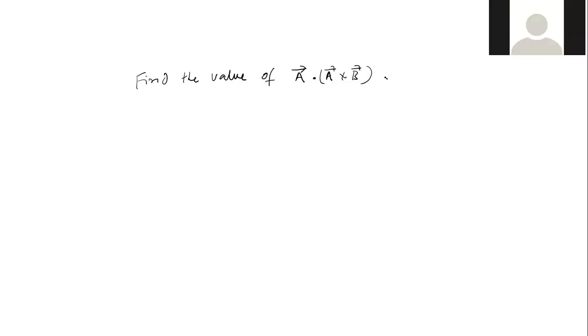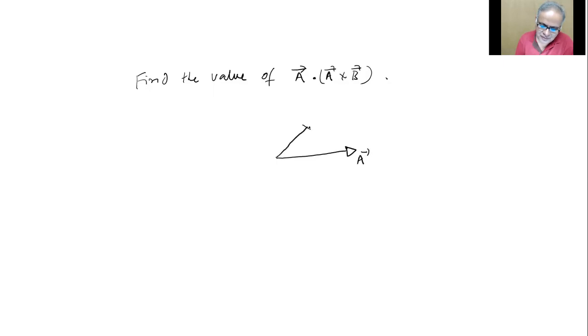Look, this is A, this is B. So A cross B is which way?